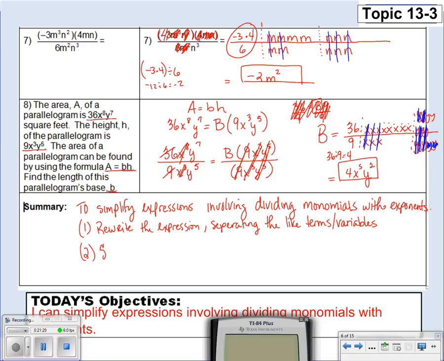Second step, we simplify it by canceling the like variables in the numerator and the denominator.